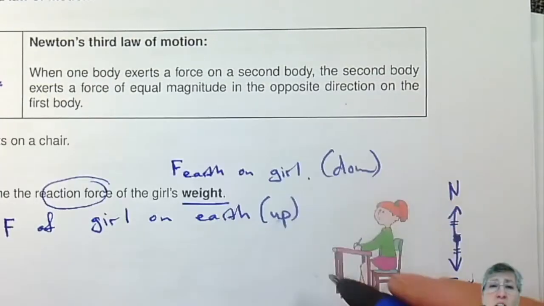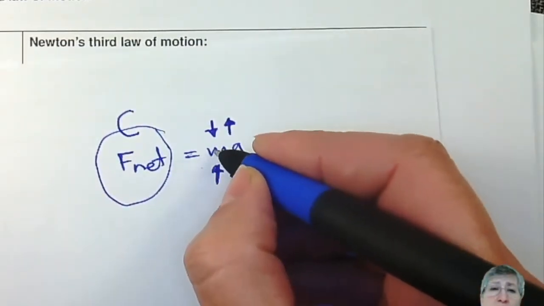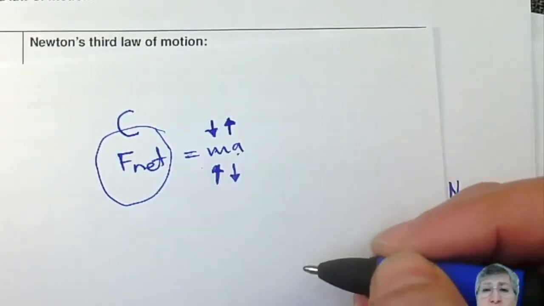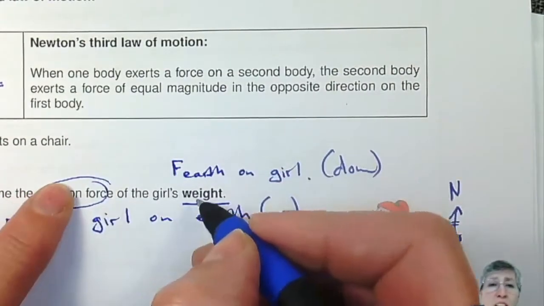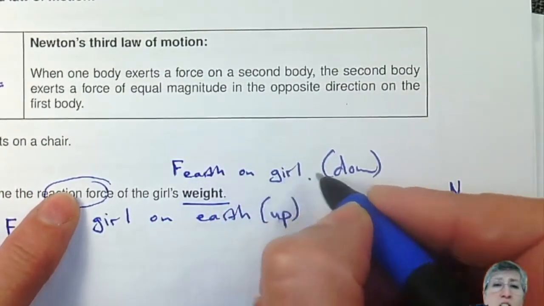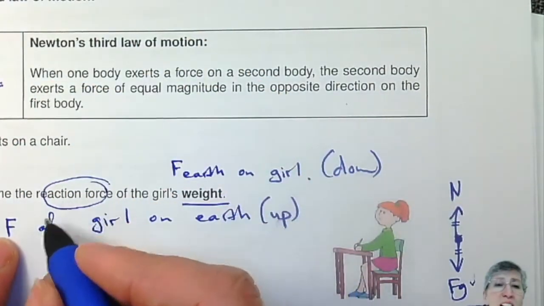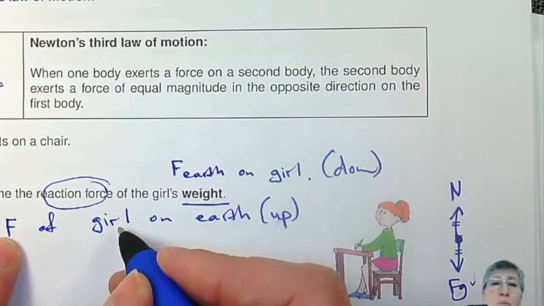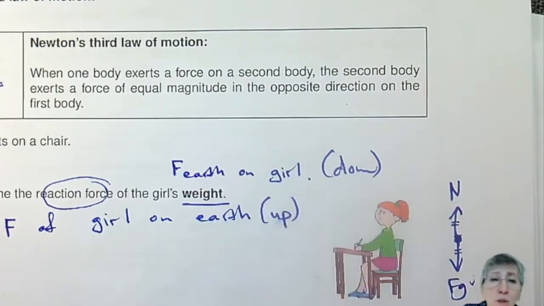So here the girl is attracting the earth, but the earth has got a big mass, so you don't see it accelerating towards you, right? So if the force is the earth attracting the girl downwards, then the interaction force, the reaction force, should be the force with which the girl is attracting the earth upwards.